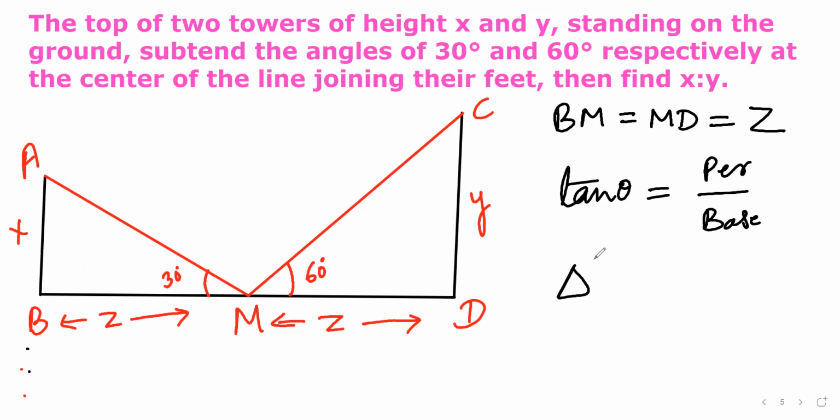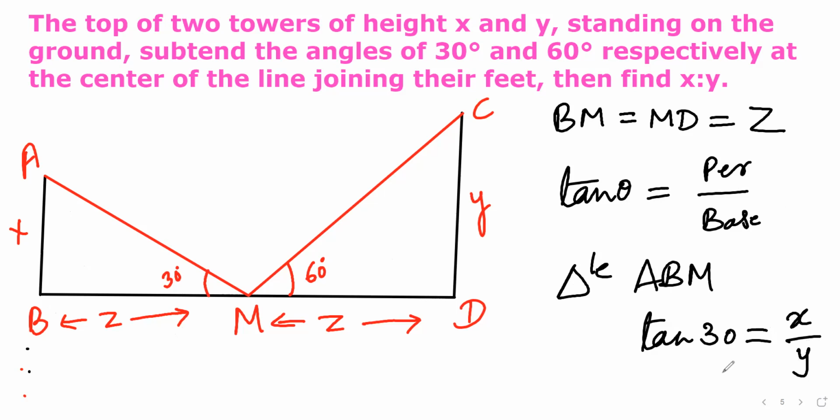So from the triangle ABM, okay, ABM is the smaller triangle. So tan 30 equals opposite divided by the base, that is x divided by z. Here opposite is x and the base is z.